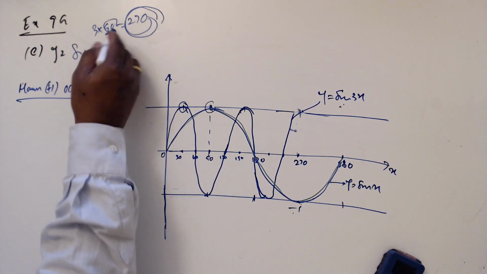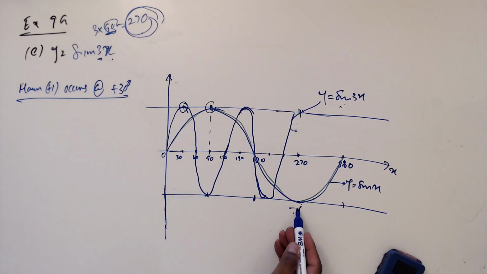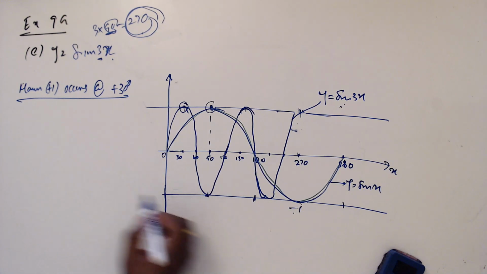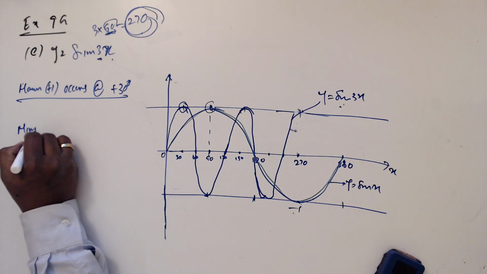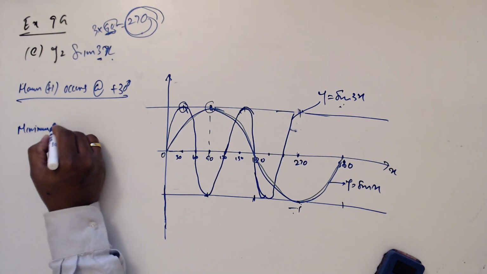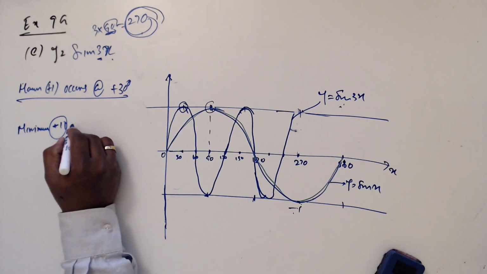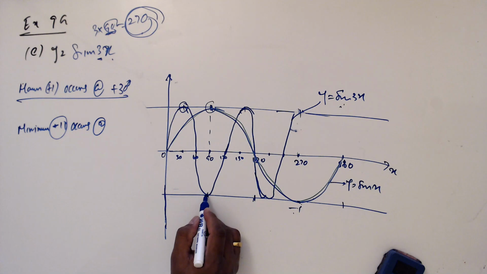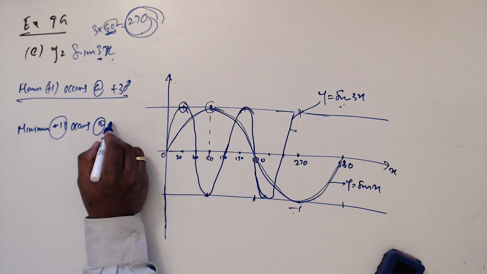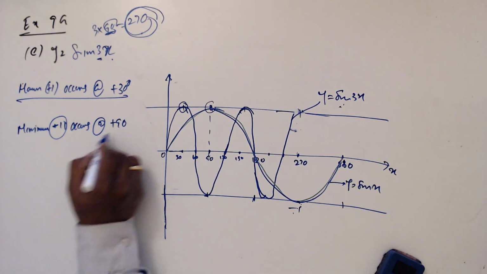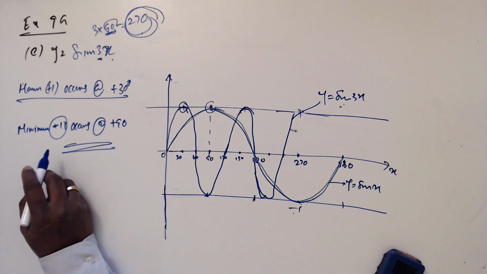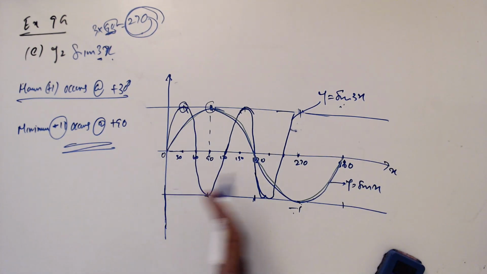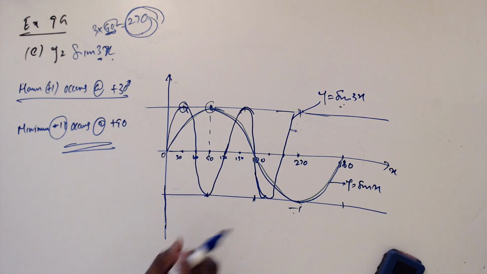When you put 90, 3 times 90 make 270. Because of that 270 quality you will see at 90. So the minimum, minus 1, occurs at plus 90. See the difference. So this sine graph is squeezed 3 times.